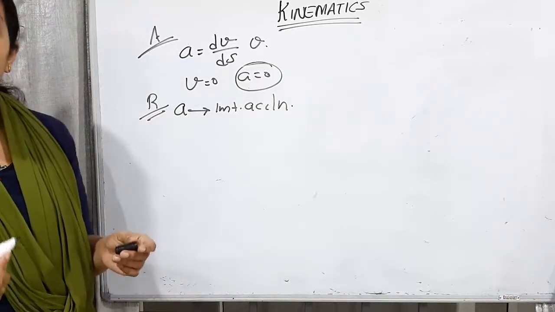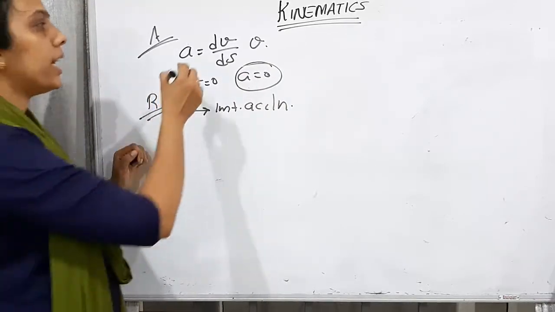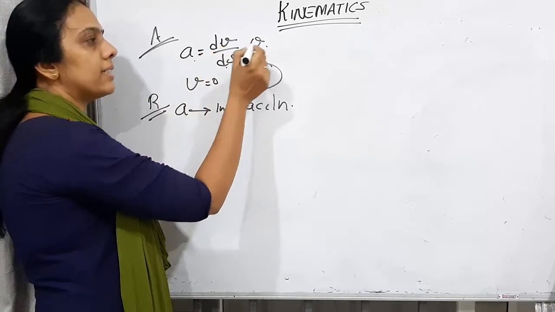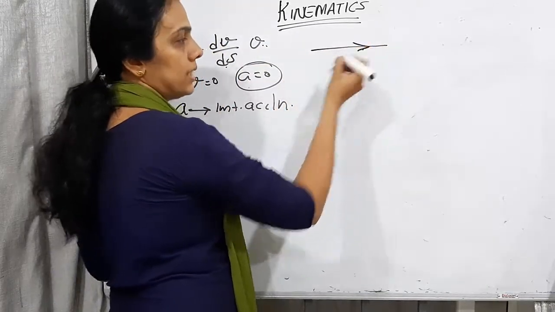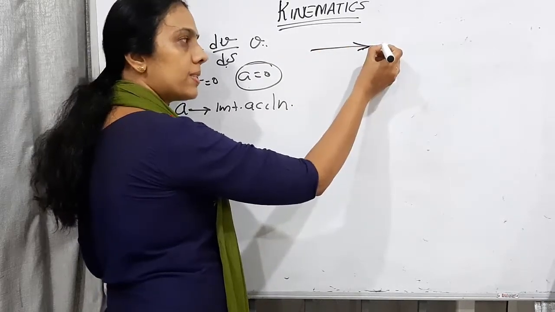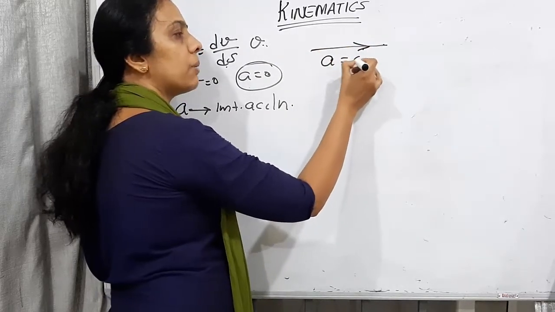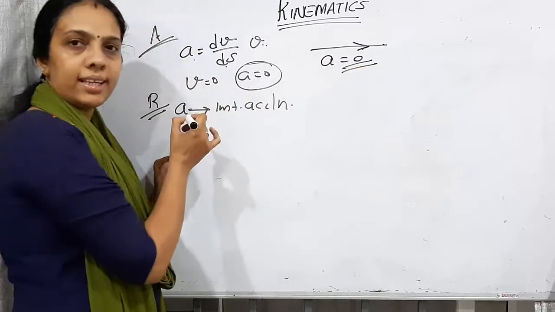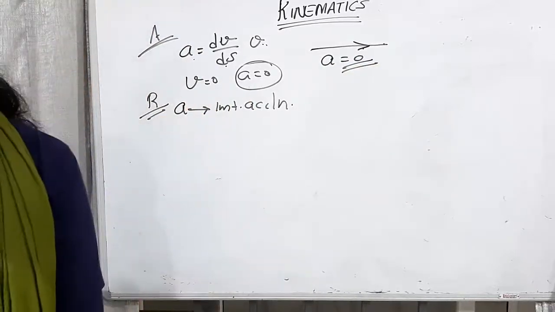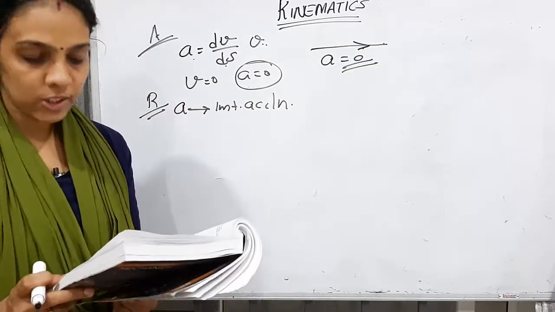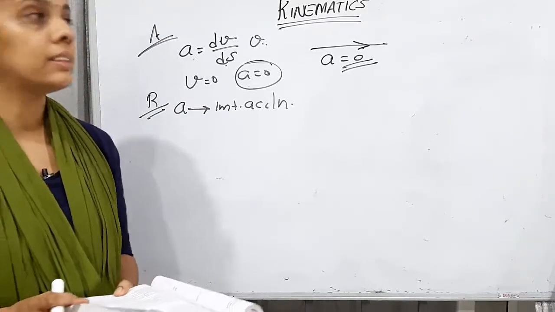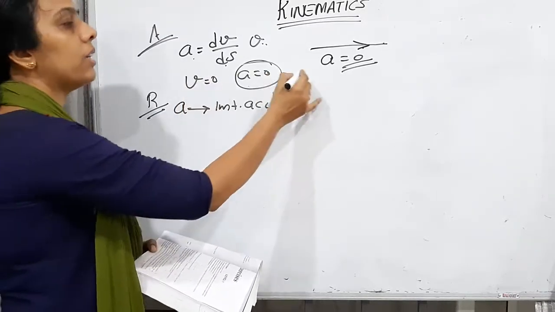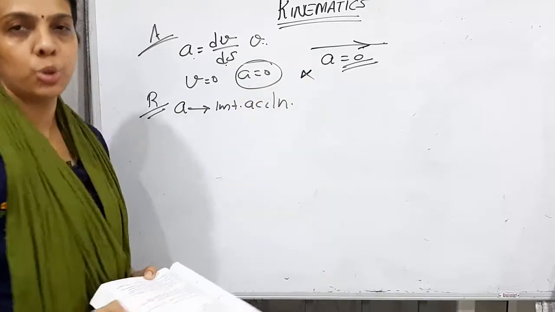If it is moving with constant velocity, also acceleration will be equal to 0. Therefore, if velocity of the particle is 0, then acceleration is 0. That is not always true.